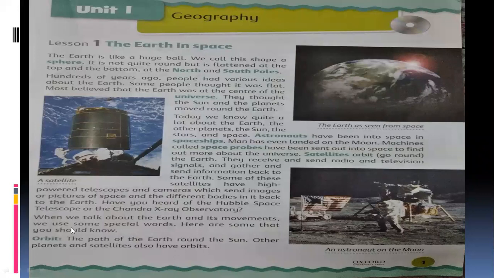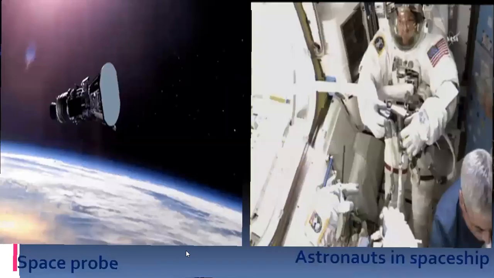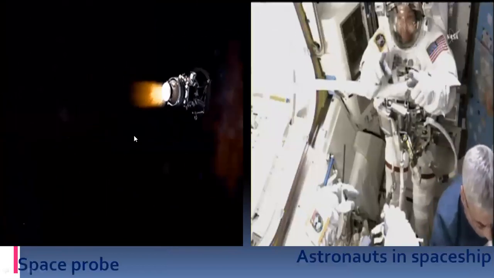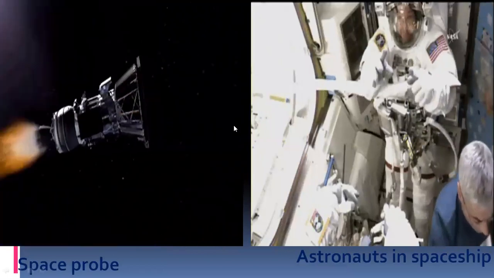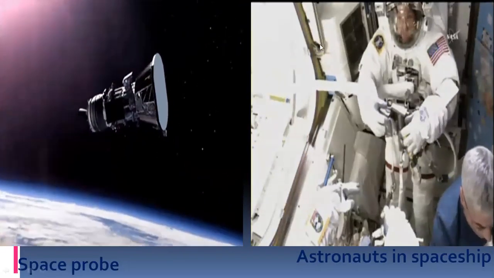Here are some that you should know. First one, orbit. The path of the earth around the sun. Other planets and satellites also have orbits. You can see over here, these are the probe machines. We get information up in the sky, in space, and around the earth.